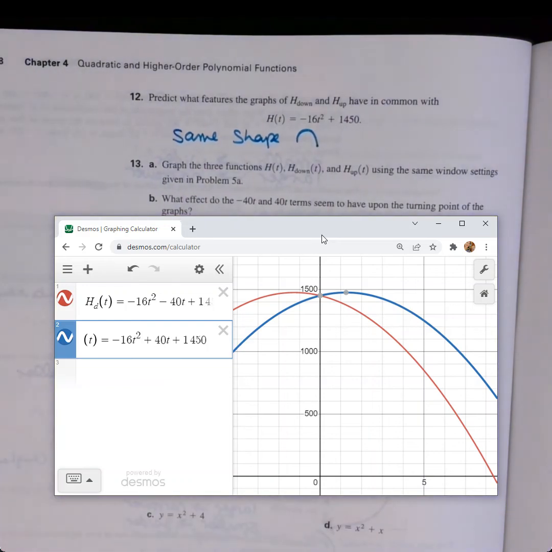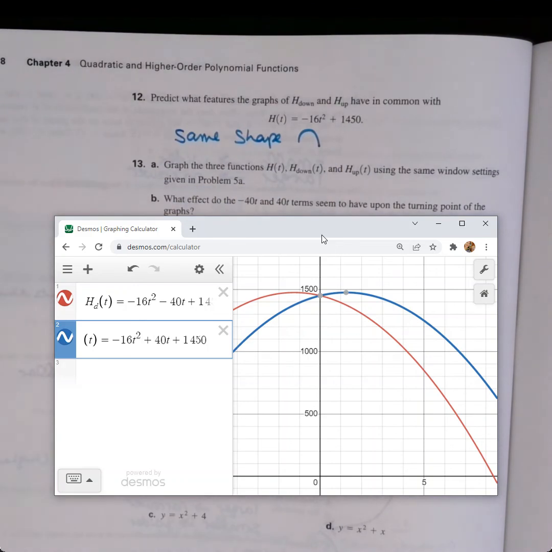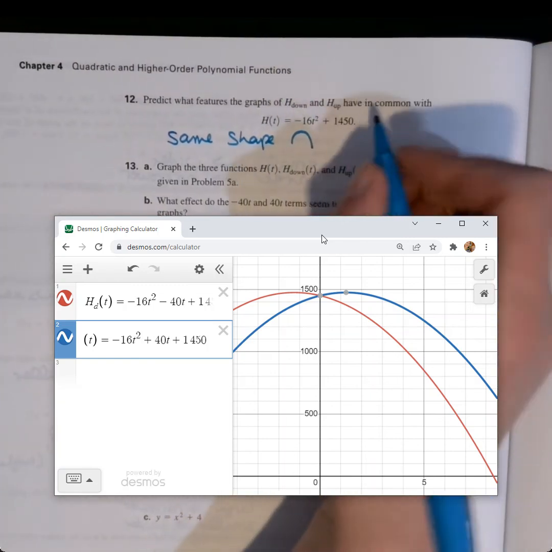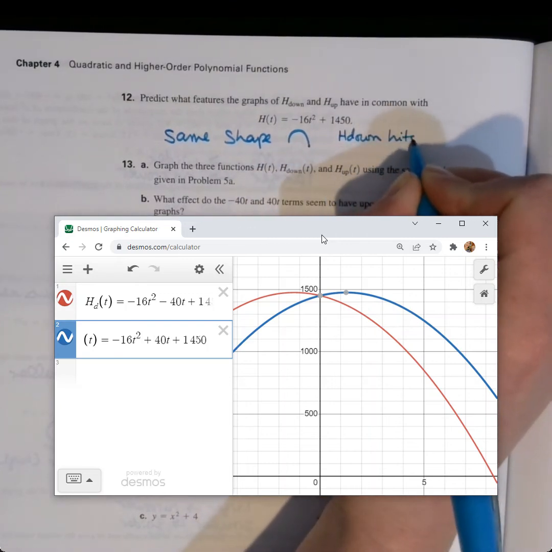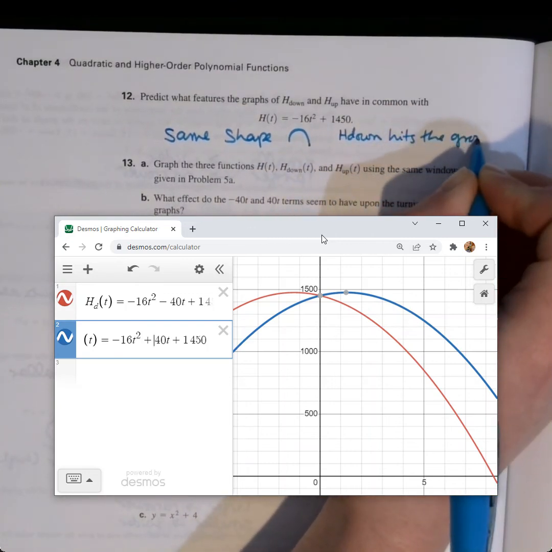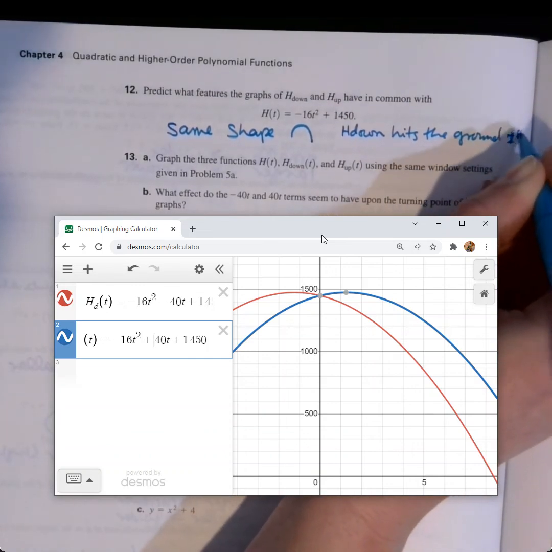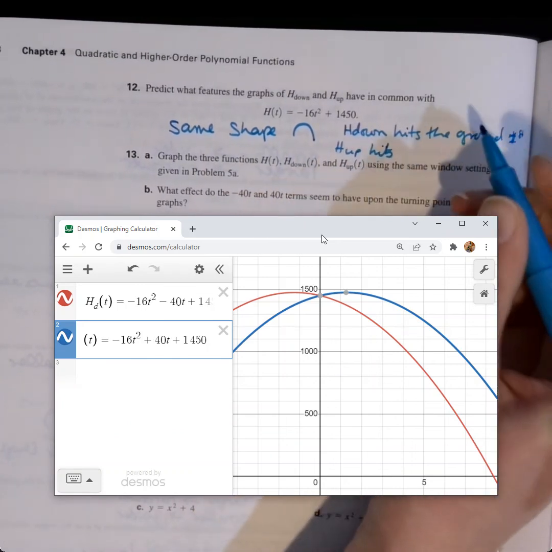Okay, and I might predict, because I know I'm throwing down versus throwing up, that I might move faster downward if I'm throwing down and slower downward if I'm throwing up. Okay, so the same shape, and I would predict that h down hits the ground first, and h up hits last. I'm going to throw it up. It's going to take it longer to get to the ground. That's my prediction.